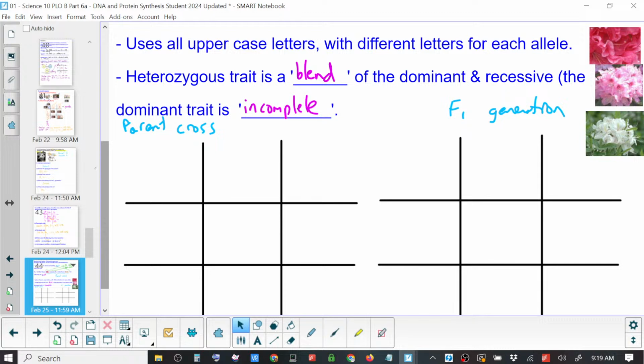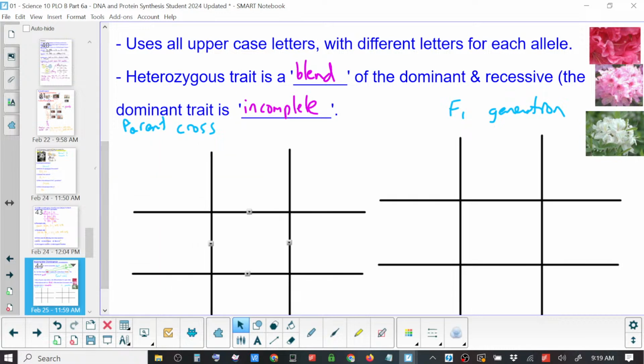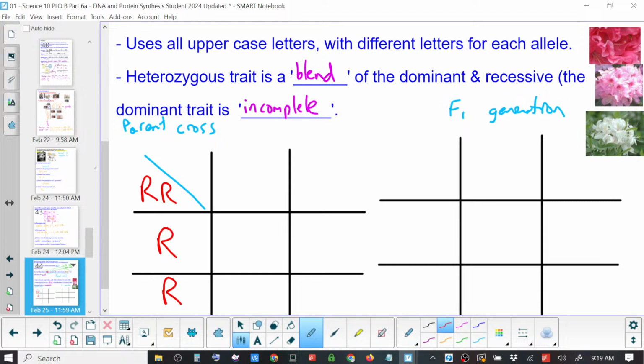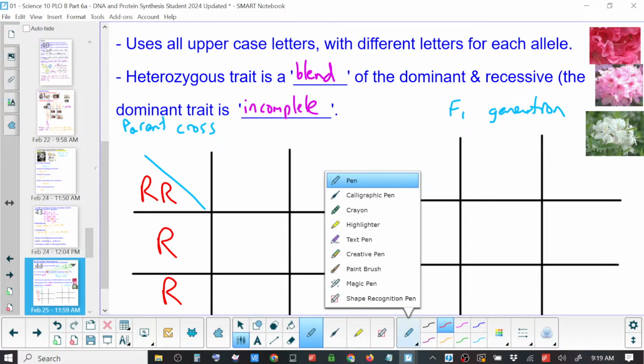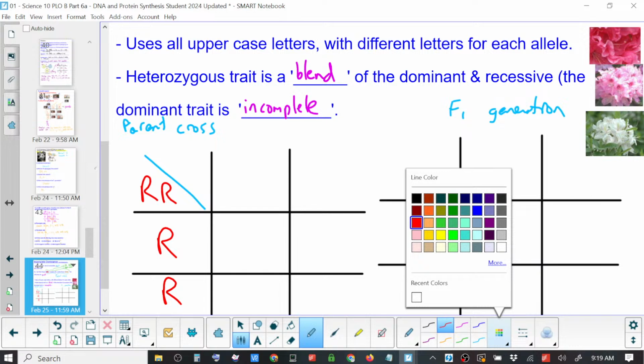Parent cross: we have R and R, and we have, now what am I going to use for off-white? Gray.